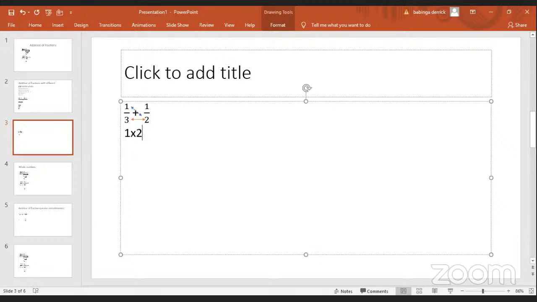You put them in brackets. Plus, open brackets still. You still come and pick this numerator times this denominator. So you'll have 1 times 3.